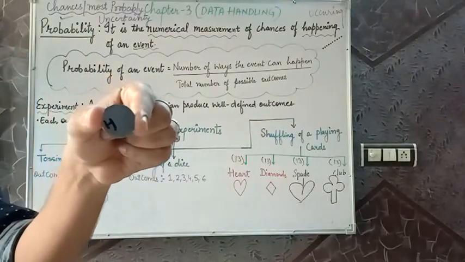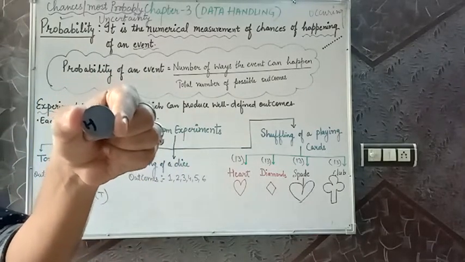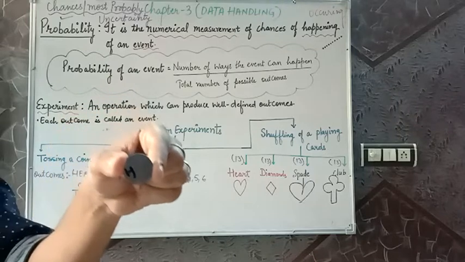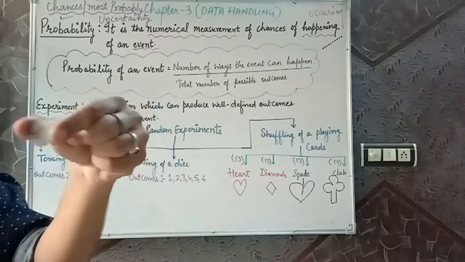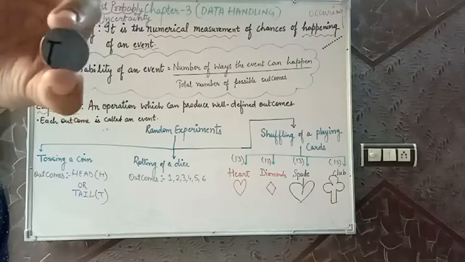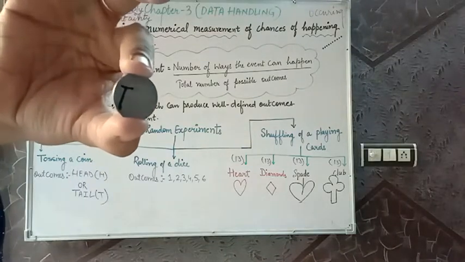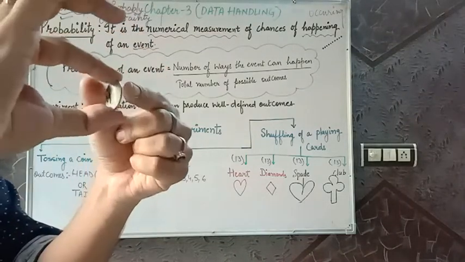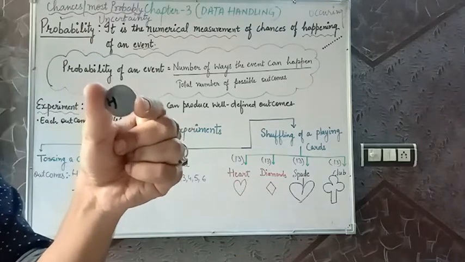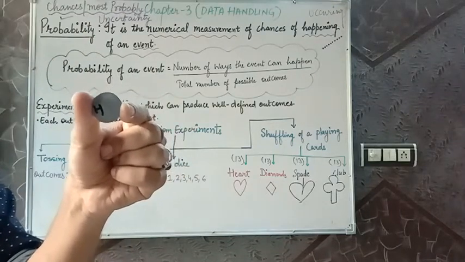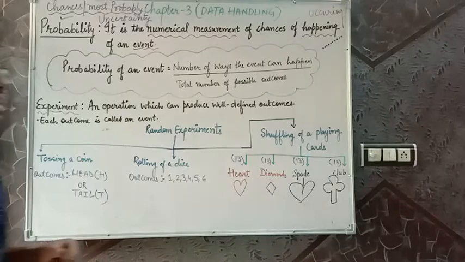If I toss a coin, the chances are there either I will be getting head or tail. What are head and tail in that?